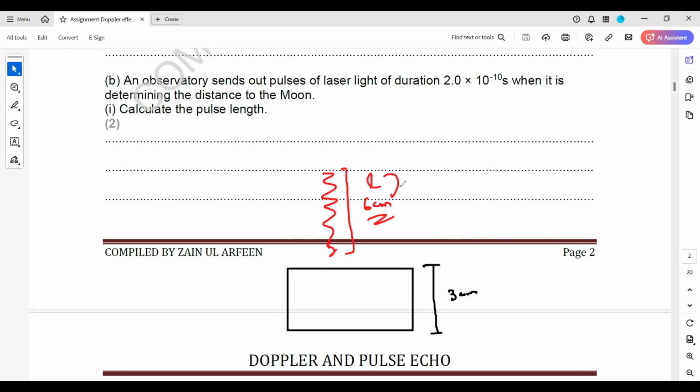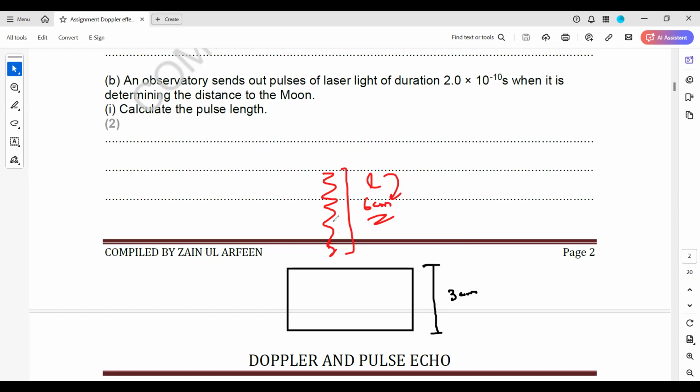This is the length of the pulse and this is the distance. So whenever we prefer a pulse length, the pulse length should be smaller than the thickness of an object. Why? So that we can distinguish between the pulse which is sent and the pulse which is received. The signal which is sent and the received should be distinguished.